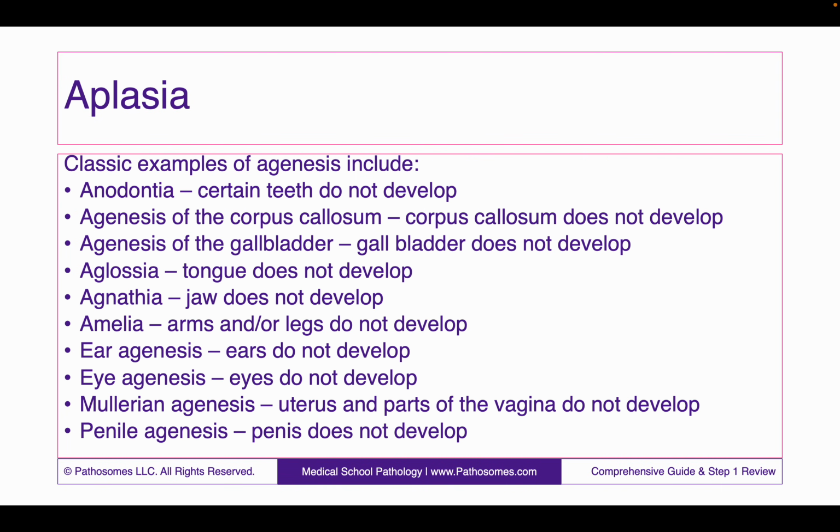Classic examples of agenesis include adontia or anodontia, agenesis of the corpus callosum, agenesis of the bladder, aglossia, agnathia, amelia, ear agenesis, eye agenesis, Mullerian agenesis, and the dreaded penile agenesis.